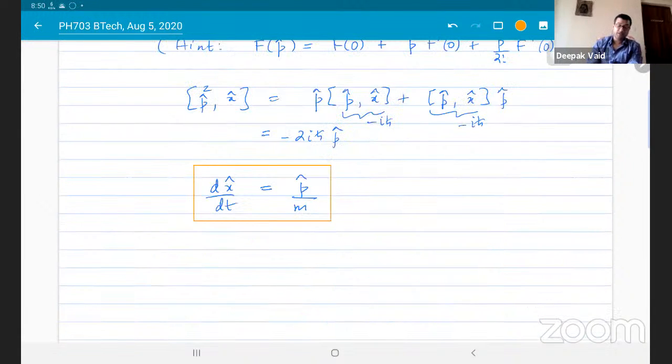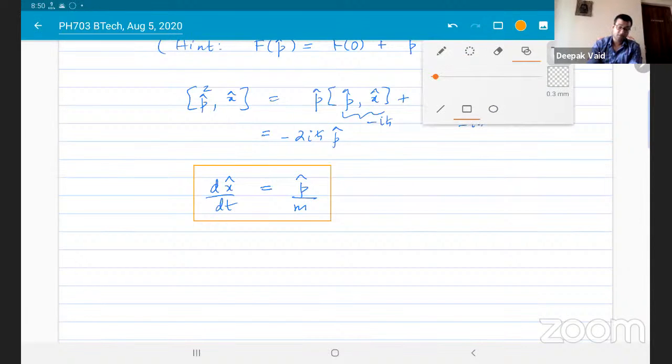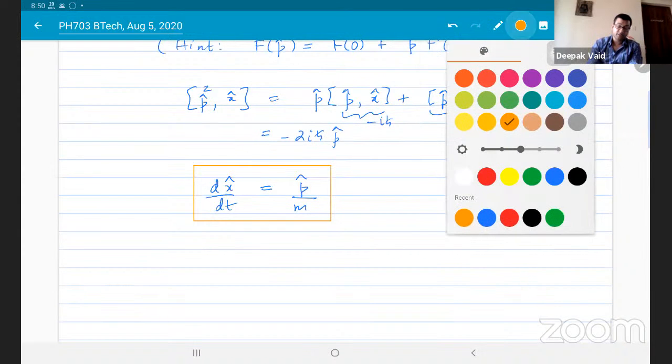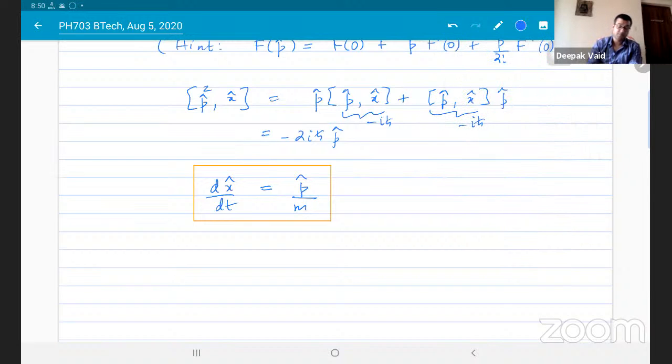And in the quantum case, we are getting the same relationship. So whenever you have a potential which does not depend on momentum, and this is the case in many systems, then you get such a relationship.